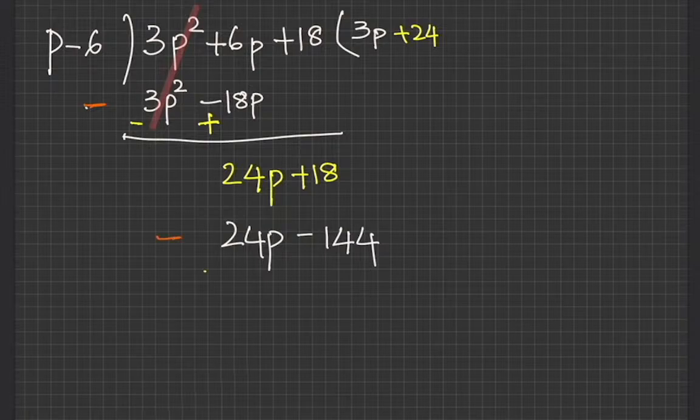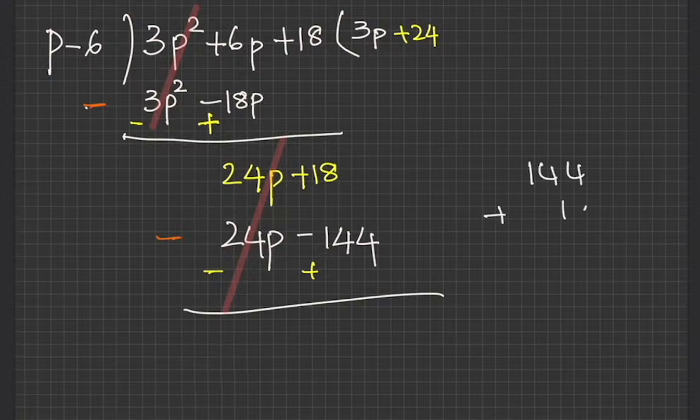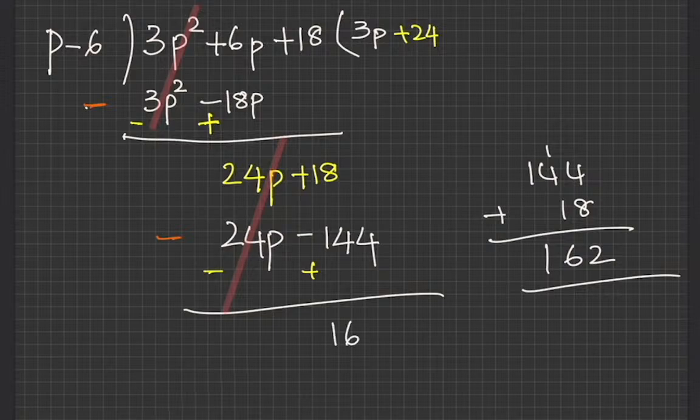So this becomes negative and this becomes positive. So the negative 24p and the positive 24p cancel. And I have two positive numbers now here. So 144 plus 18, correct? 162. I have 162 as my remainder.